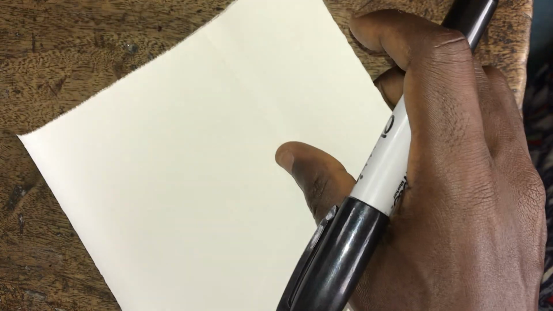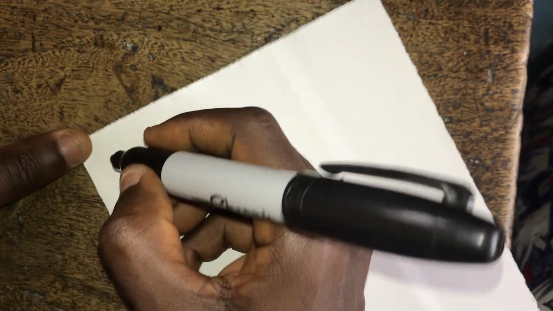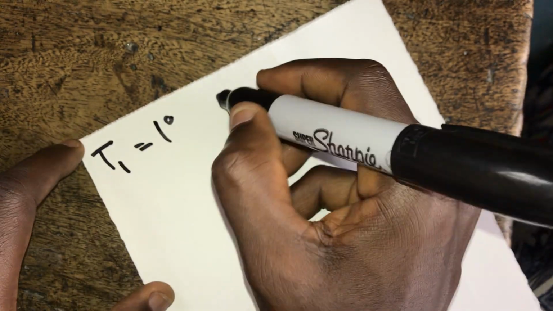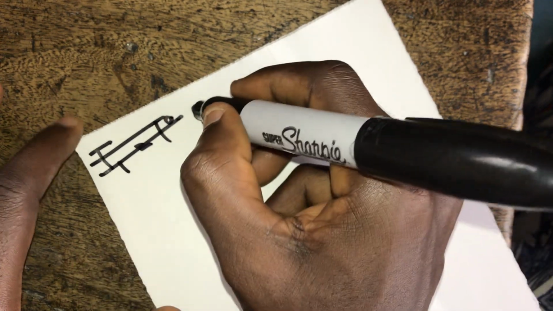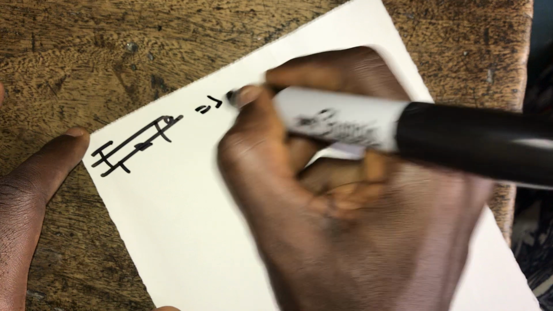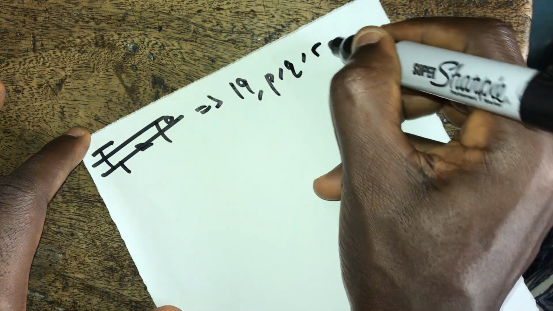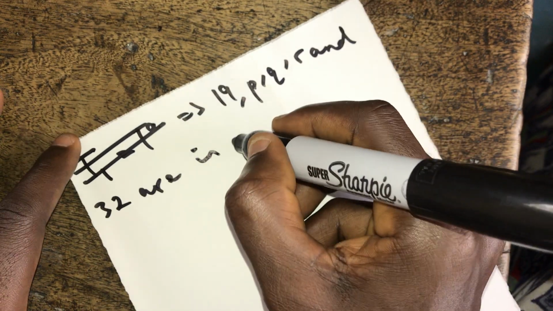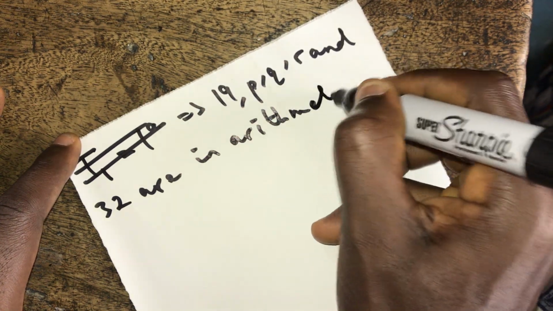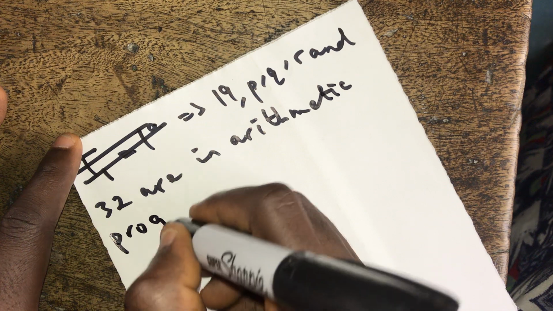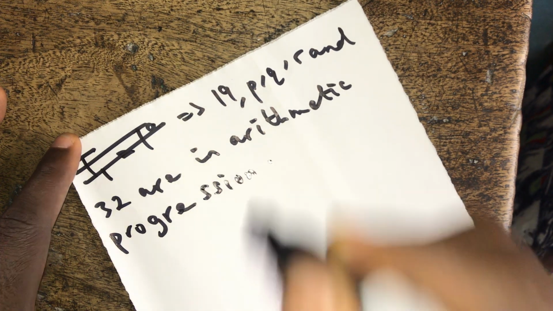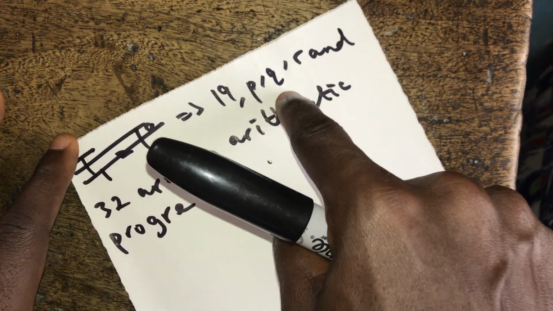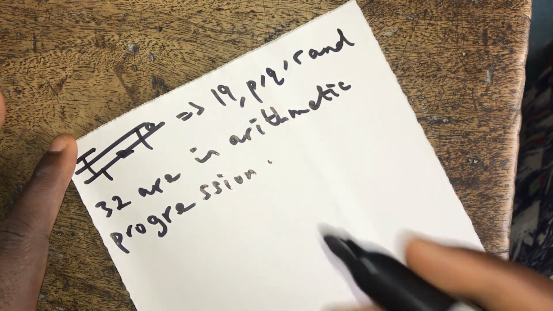So if P, Q, and R are the arithmetic means between 19 and 32, that means 19, P, Q, R, and 32 are in arithmetic progression.